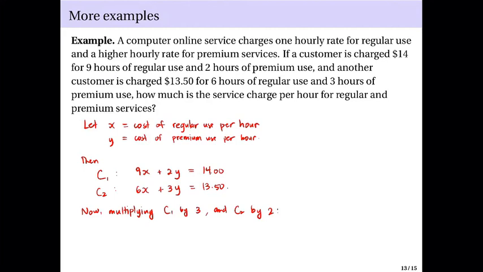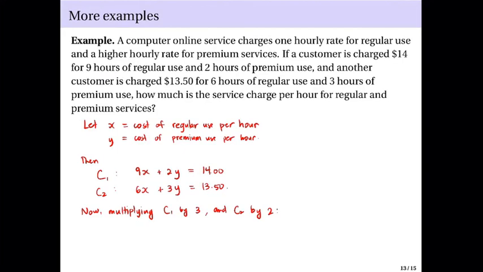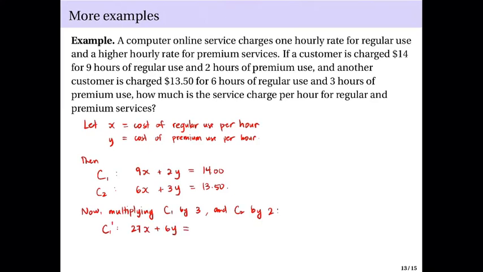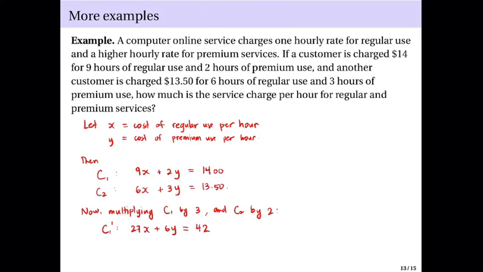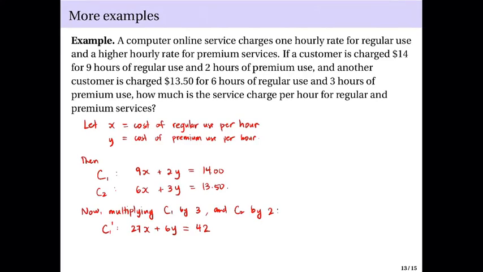If I multiply C1 by 3, let me label that as C1 prime. We will have 27x plus 6y equal to 42, correct? So 9x times 3 is 27x, 2y times 3 is 6y, and 14 times 3 is 42.